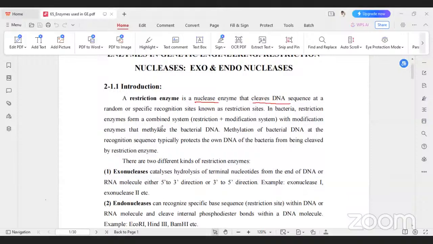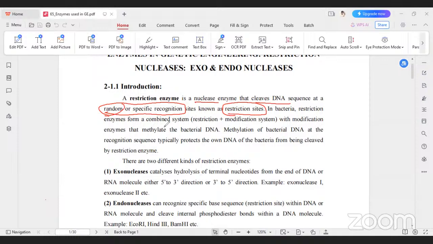That cleaves at a random site of the DNA or a specific recognition site. Maybe it is random or a specific site. That is known as the restriction site. The enzymes that work on the restriction site are called restriction enzymes.